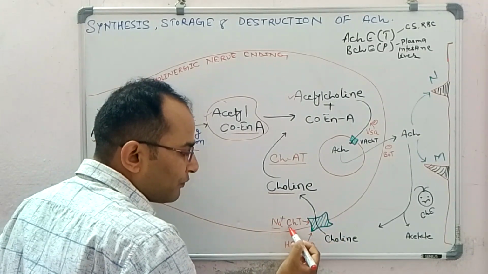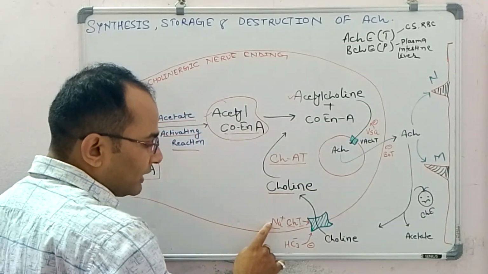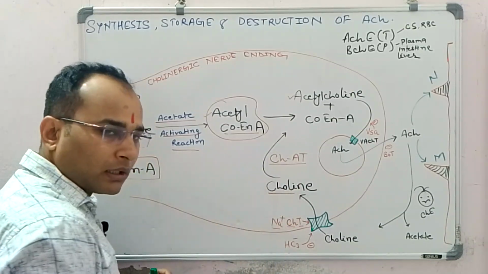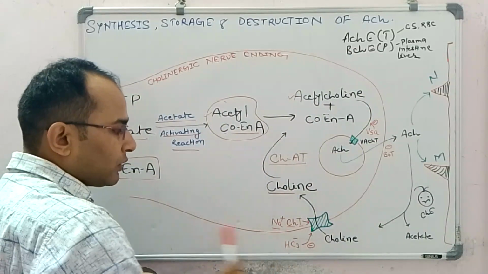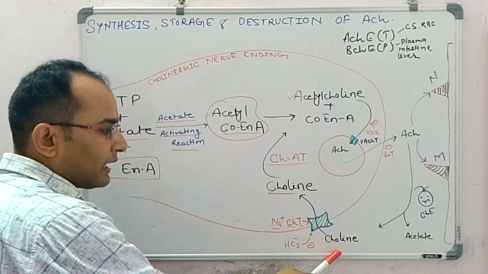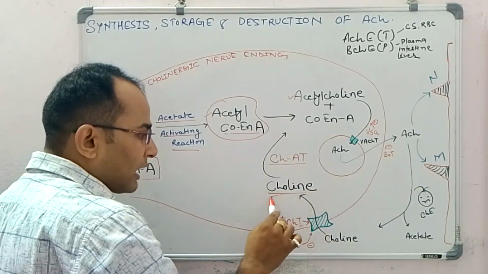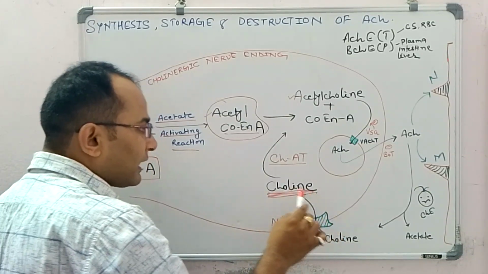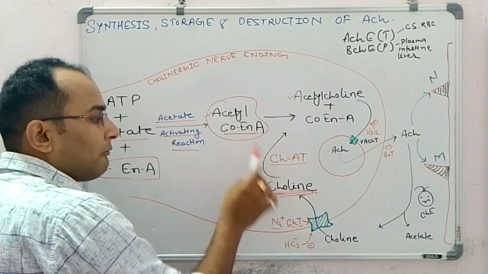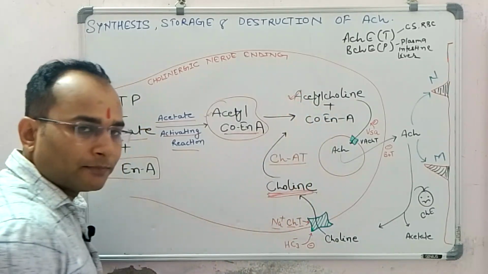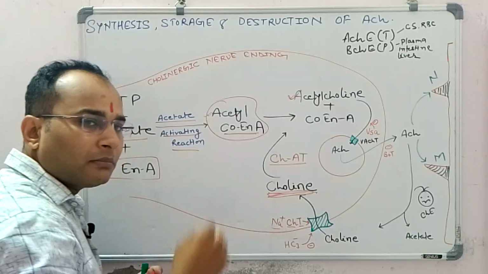This is the sodium choline cotransporter, right? It allows the uptake of choline from outside the cholinergic nerve end, and as it comes inside, this choline reacts with acetyl coenzyme A, and they both form acetylcholine and the coenzyme A becomes free, separated.